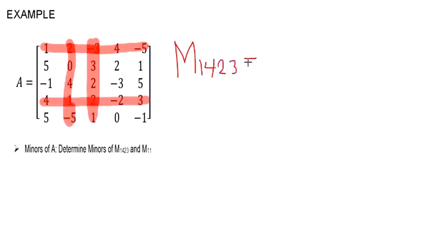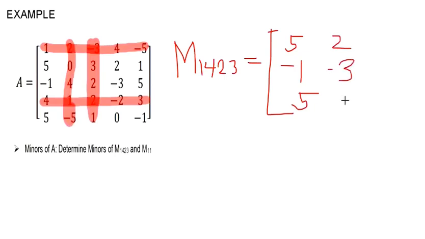That is equal to, we have 5. So, yung mga matitira, you have 5, negative 1, 5, 2, negative 3, 0, 1, 5, and negative 1.